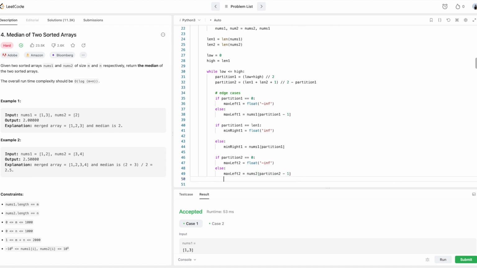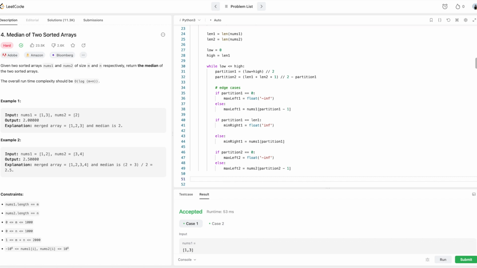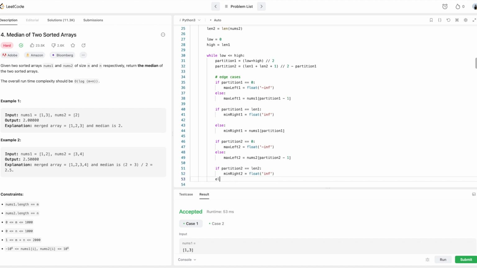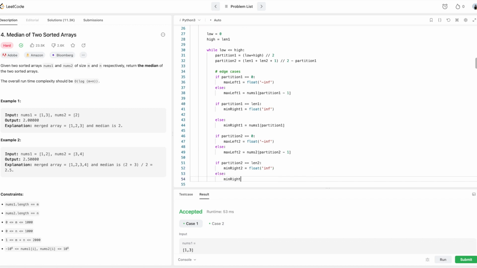Start at index 0. And if partition 2 equals its max length 2, then min right 2 equals float positive infinity, else min right 2 equals nums2 partition 2.